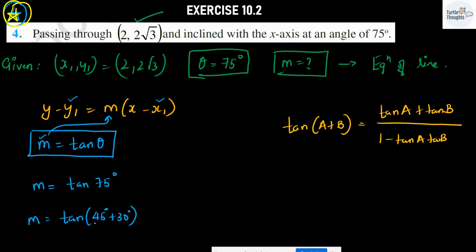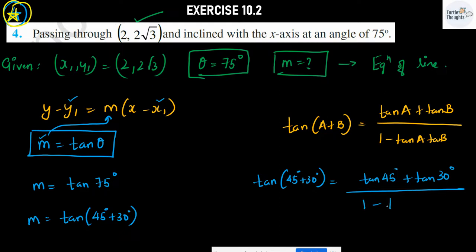Here A is going to be 45 degree, B is going to be 30 degree. So I will be substituting the same. Tan 45 degree plus 30 degree will be equal to tan 45 degree plus tan 30 degree divided by 1 minus tan 45 degree multiplied by tan 30 degree, right?